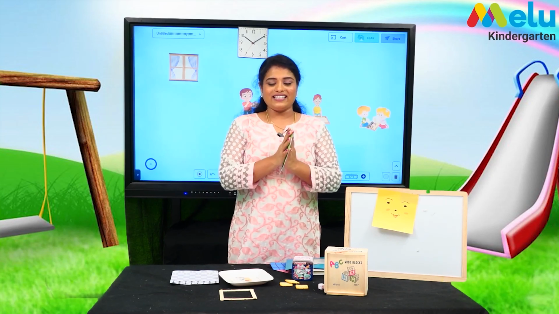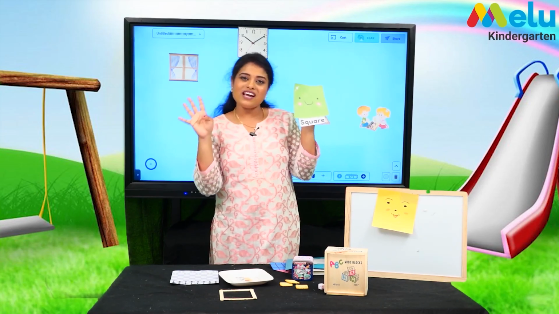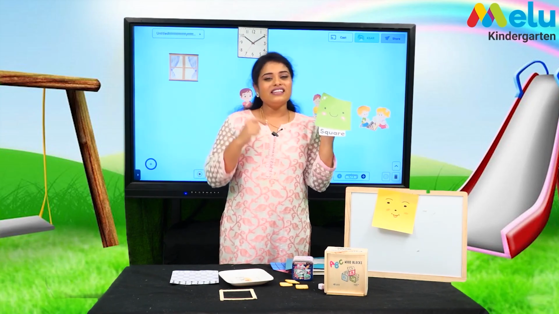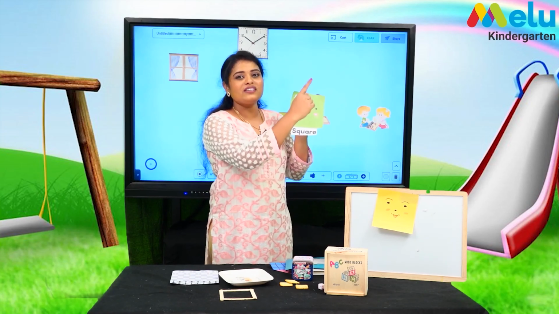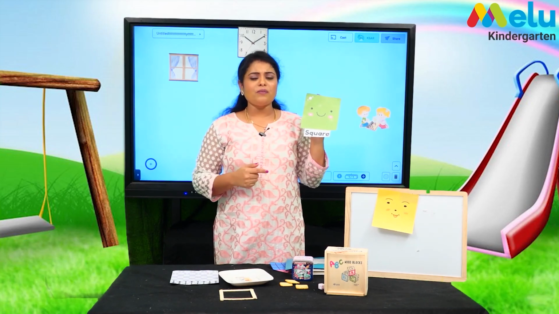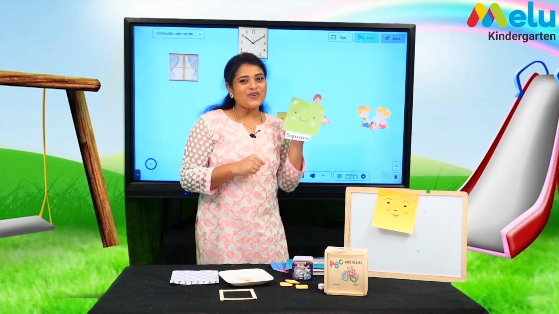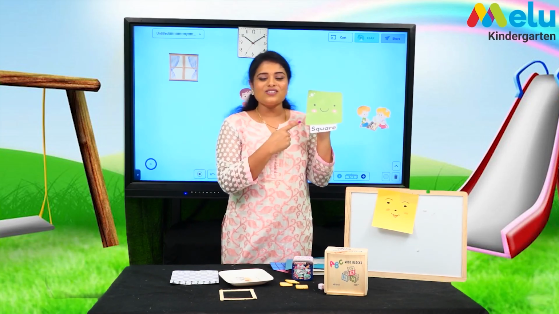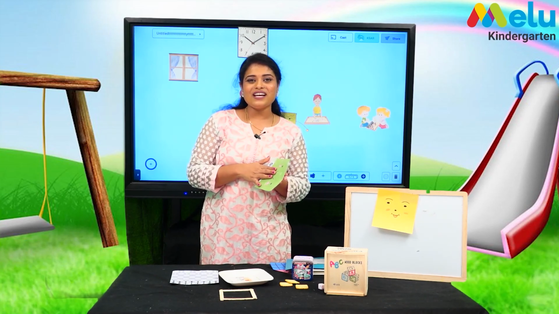We'll sing it again. This shape has 4 same sides. It has 4 corners too. This shape is called a square. I just want to tell you.